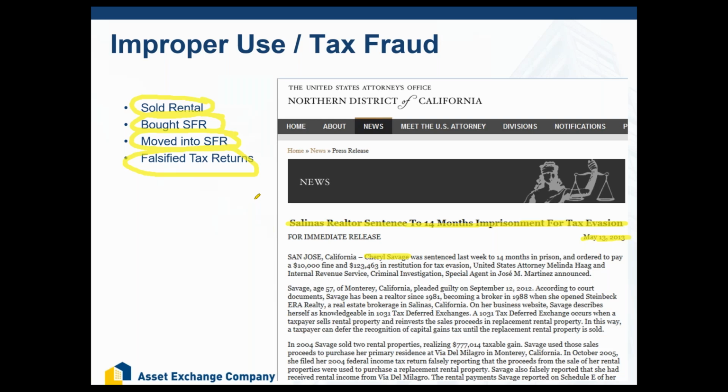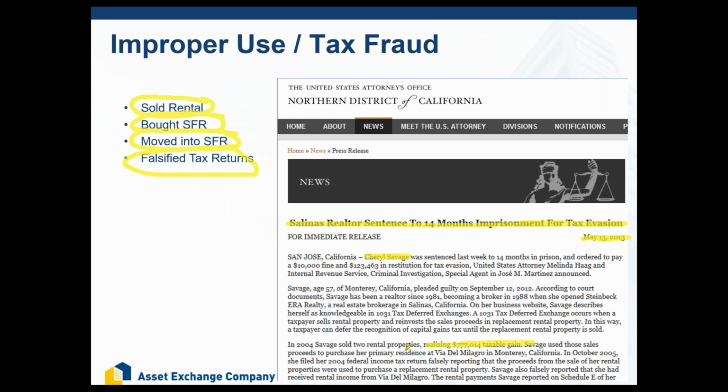She didn't have a tenant in the property. She lived there on her own, and she just falsified her tax returns to make it look like she was getting rent. The government audited her, and they found her guilty of tax fraud. They made her pay her taxes.